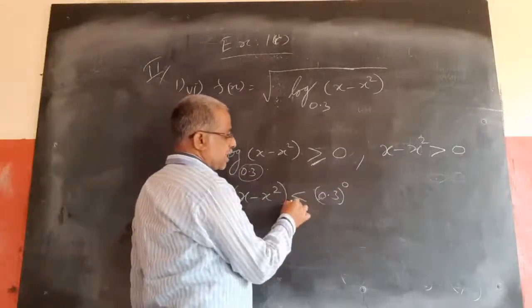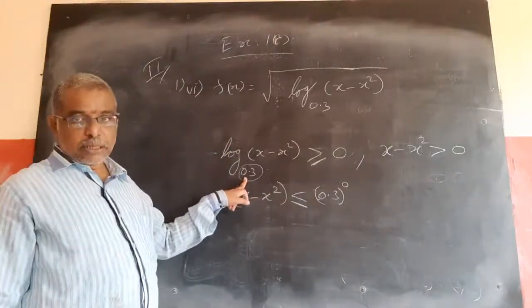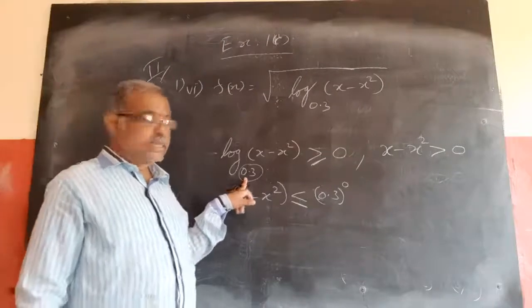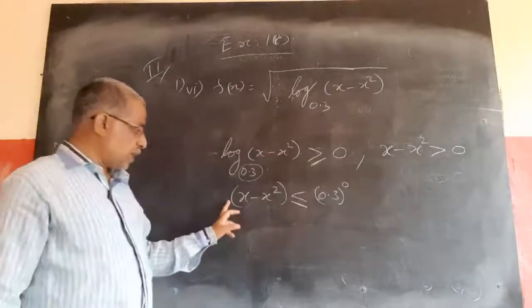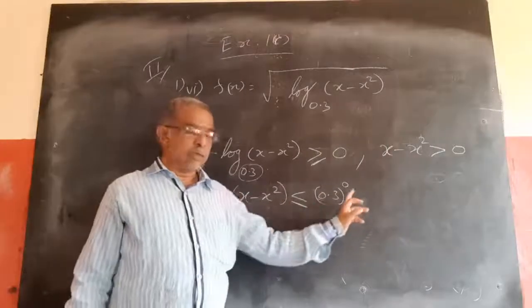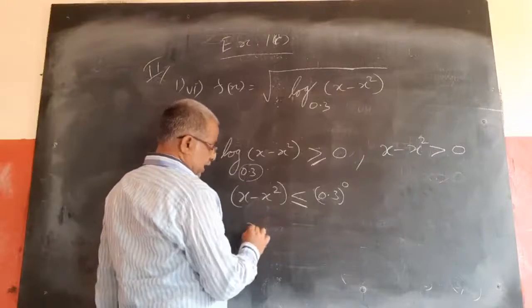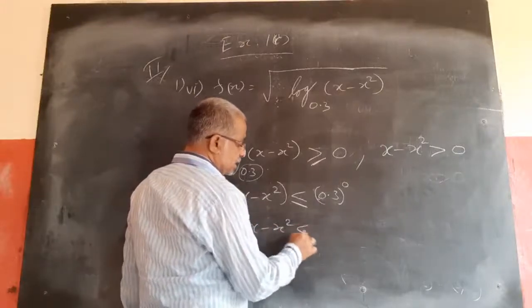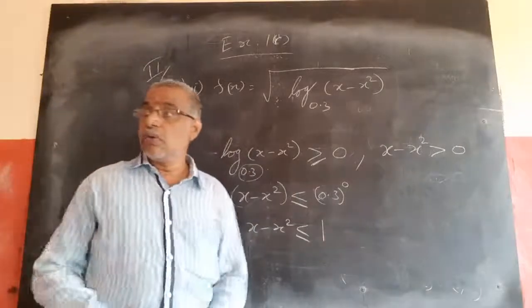So greater than becomes less than. This base is between 0 and 1, so the inequality changes. So x minus x square less than or equal to 0.3 to the power 0, which is nothing but x minus x square less than or equal to 1.